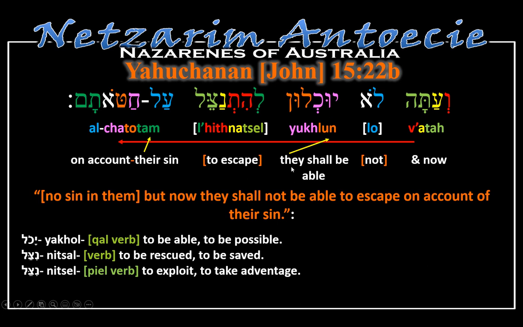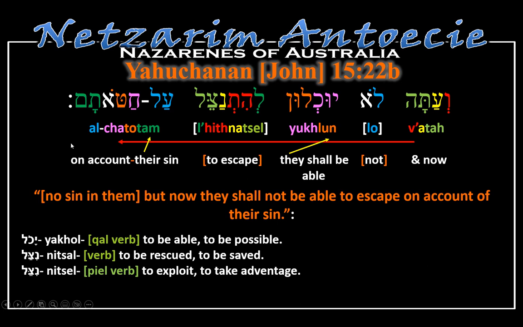And of course the un is a paragogic nun, which basically in this form means they. They shall be able. With the yod at the beginning, shall, right? They shall be able. Hit, not sell, to escape. Al, on account or concerning.